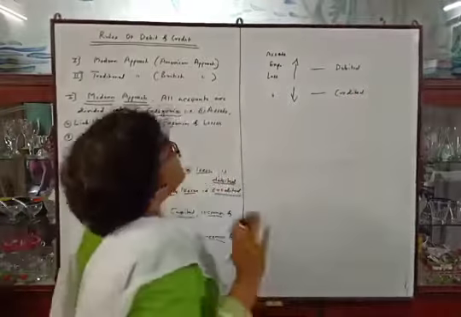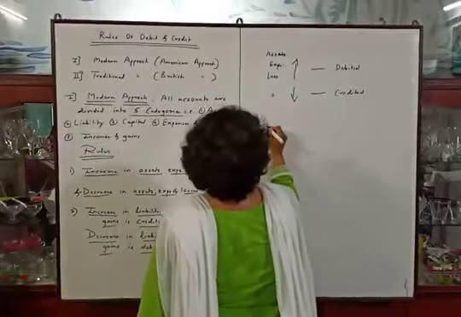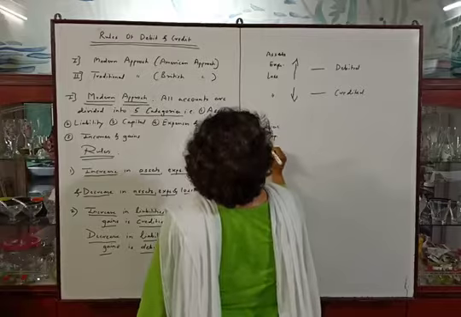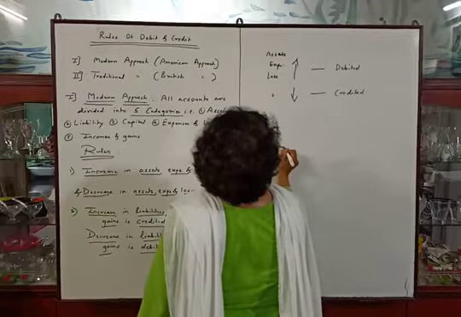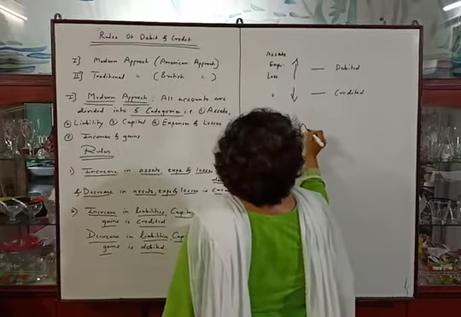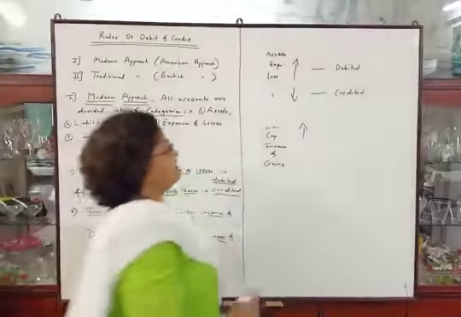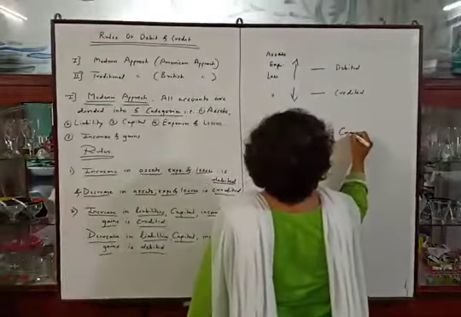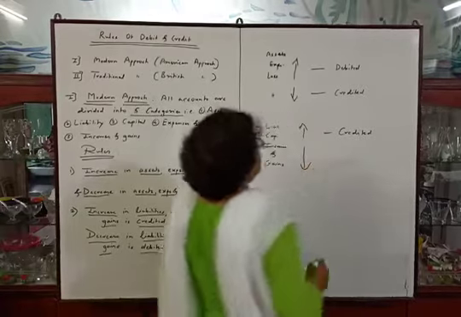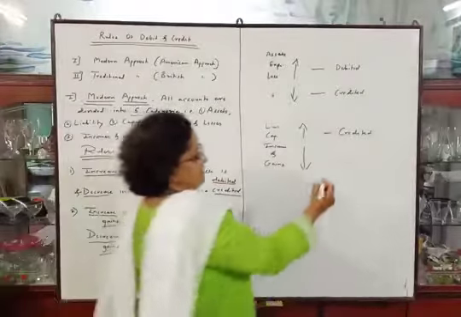And the second rule tells us that if there is increase in liabilities, capital, incomes and gains, then it should be credited. And if there is decrease in liabilities, capital, incomes and gains, it should be debited.